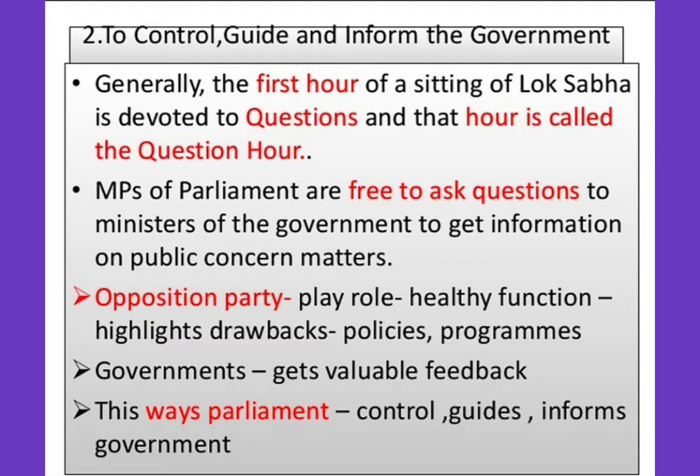The second function is to control, guide and inform the government. Generally, the first hour of a sitting of Lok Sabha is devoted to questions, and that hour is called the question hour.